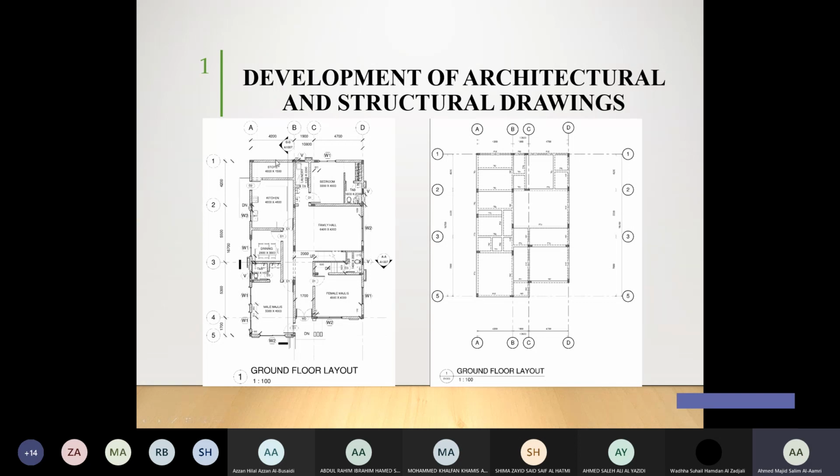Now, normally, we provide the beams wherever there are walls. For example, here, wherever there are walls, we don't want the load of the blocks or the load of the wall to go directly on the slab. We want it to go on the beam, so the beam will be taking the load of the wall. It's very dangerous and very critical when you load your slab with the wall directly.